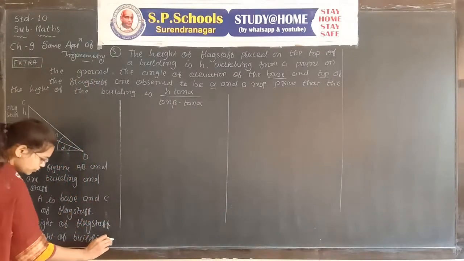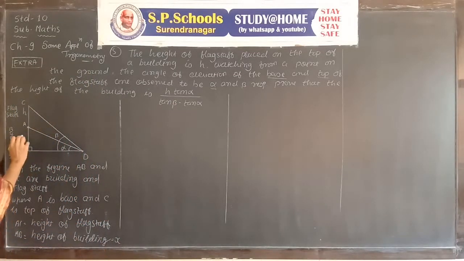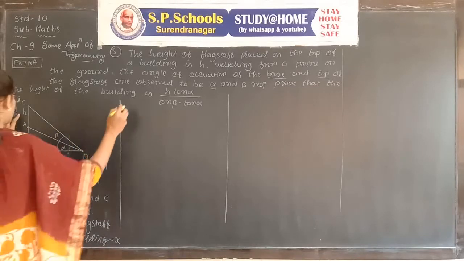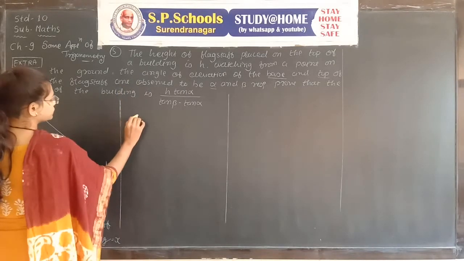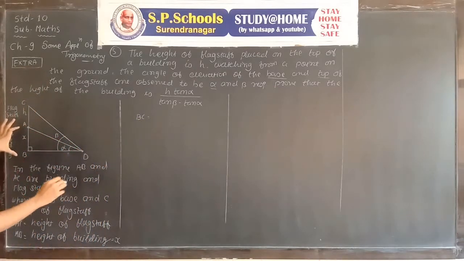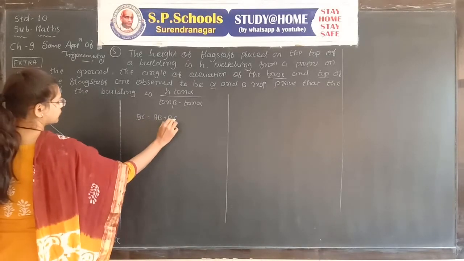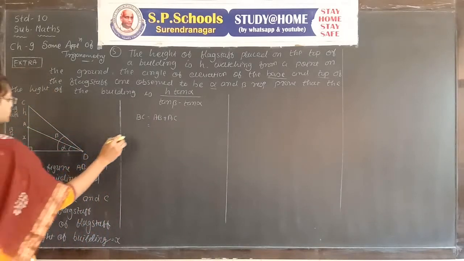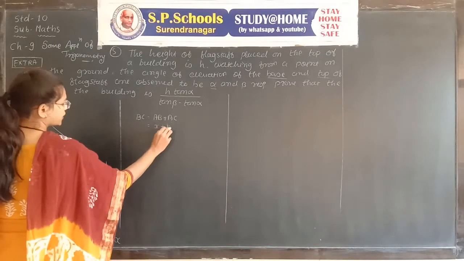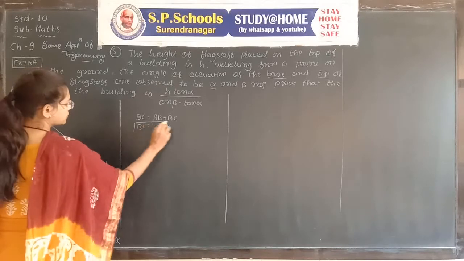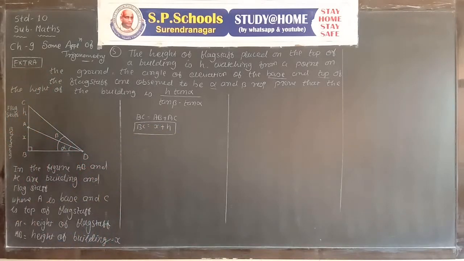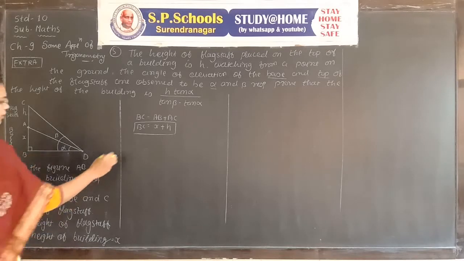So assume AB as x, so that BC is equal to AB plus AC, where BC is x plus h. Okay. Now two angles of elevations are there. First write for alpha.